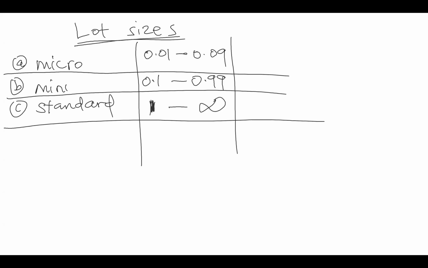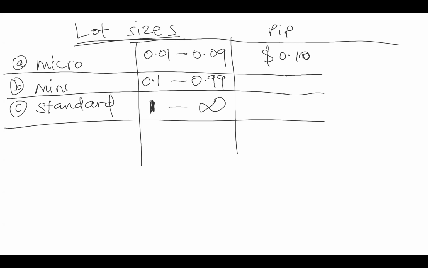And this is what these lot sizes give us when we're trading. If we are using the 0.01 lot size, what we are going to be making is 10 cents, right?